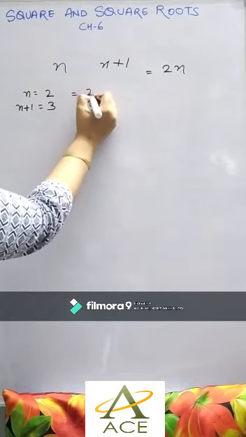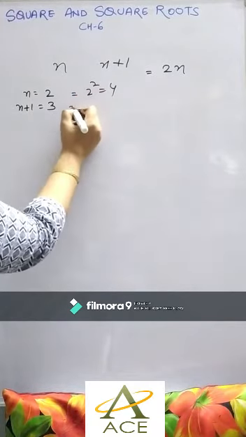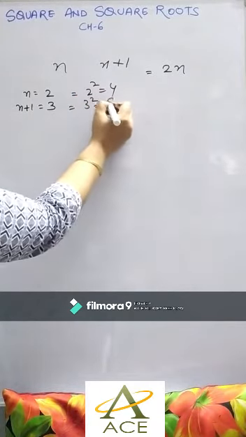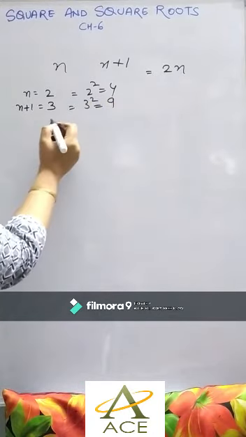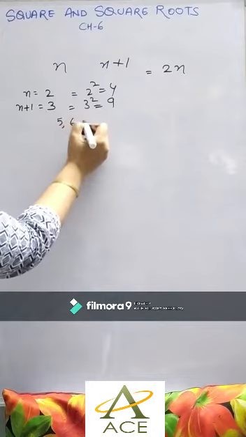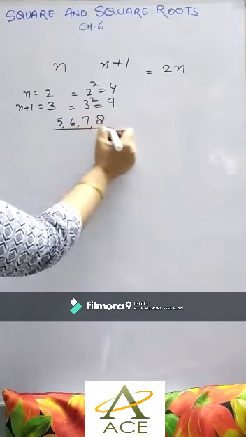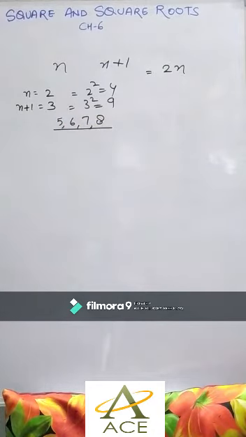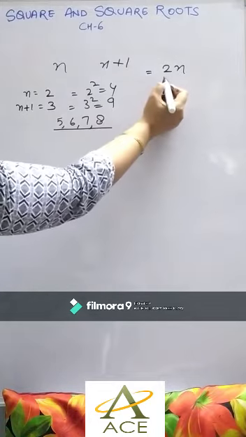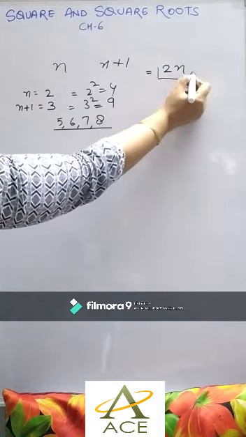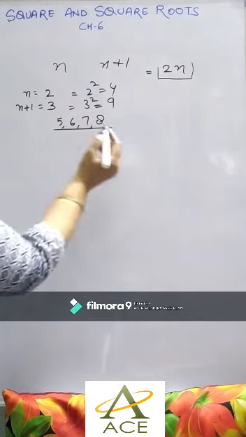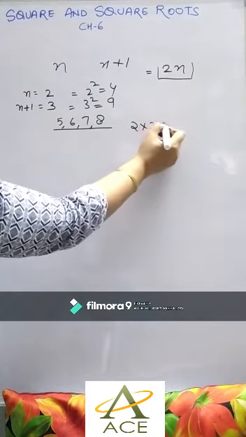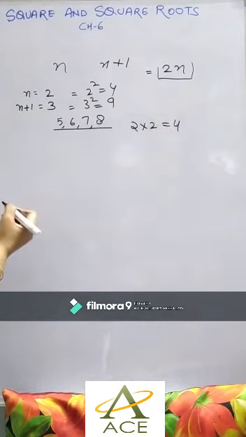Now 2 square is 4 and 3 square is 9. So how many numbers are there in between? 5, 6, 7, 8. 4 numbers. And if we look at this, it is saying that 2n will be there. 2n means 2 into n, and n is 2. 2 into 2 equals to 4.